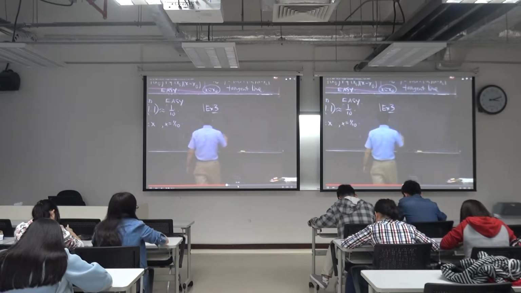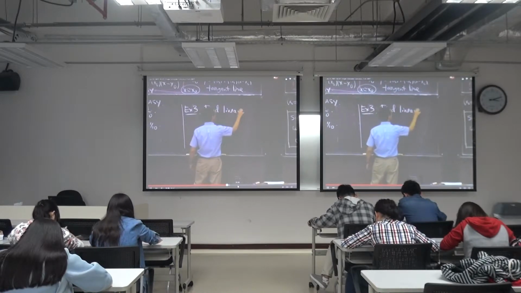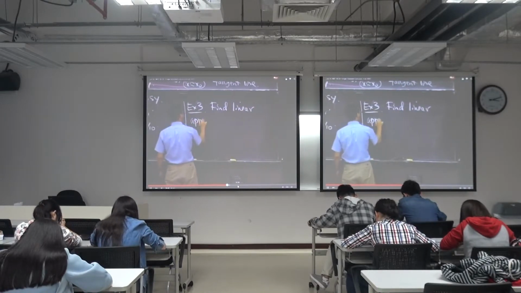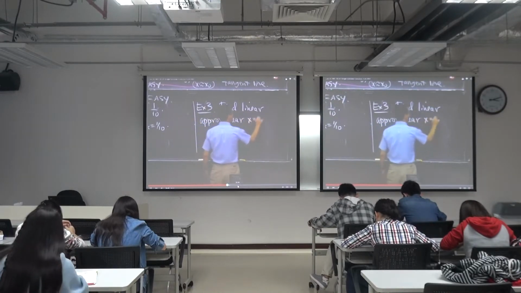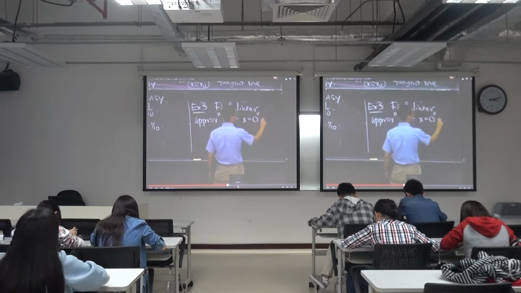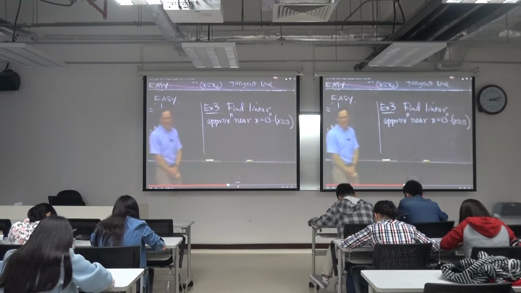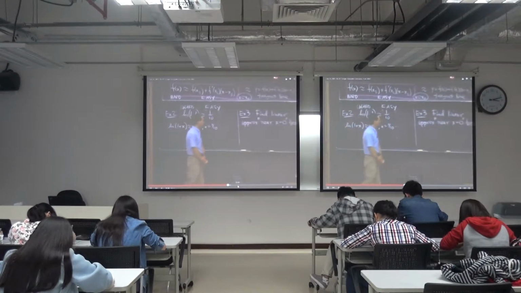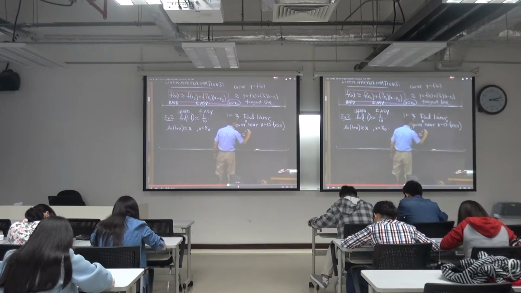I want to find the linear approximation near x equals 0. When I write this expression near x equals 0, that's the same thing as saying x is approximately 0. All right? Of the function e to the minus 3x divided by square root 1 plus x.